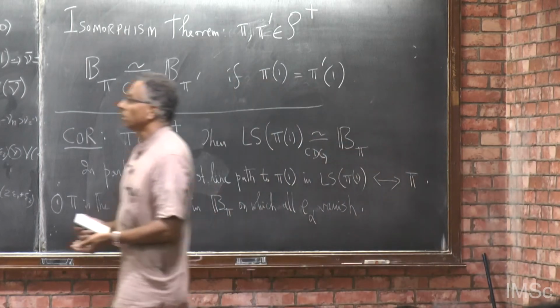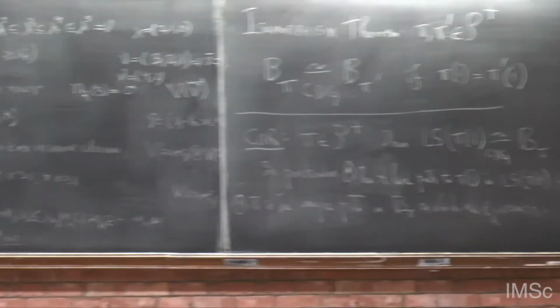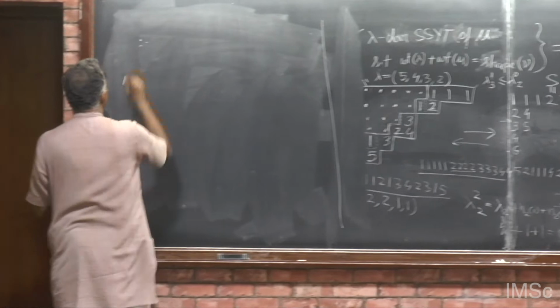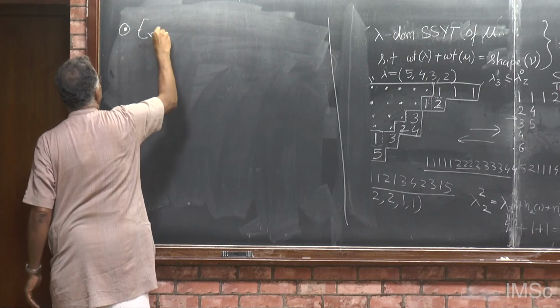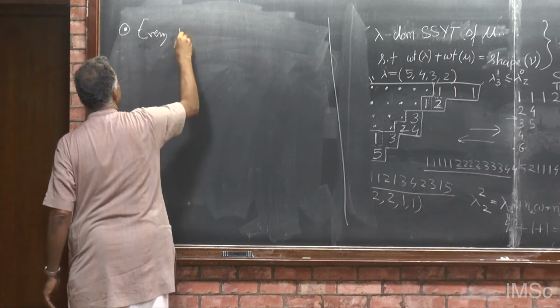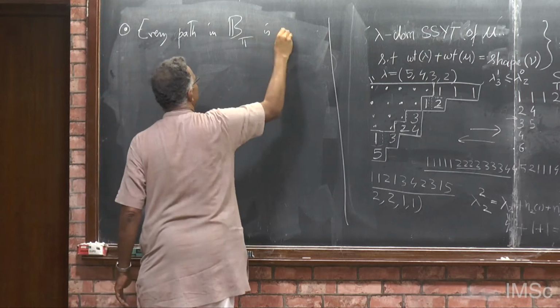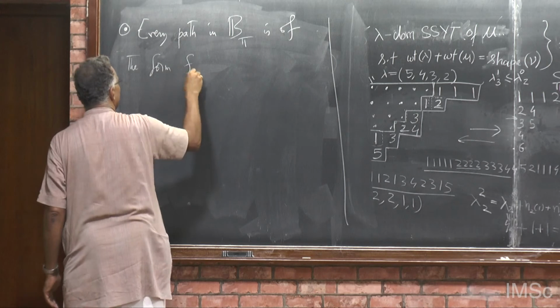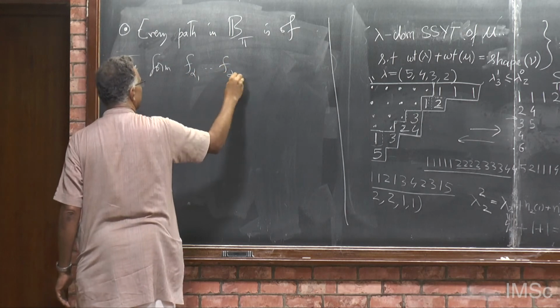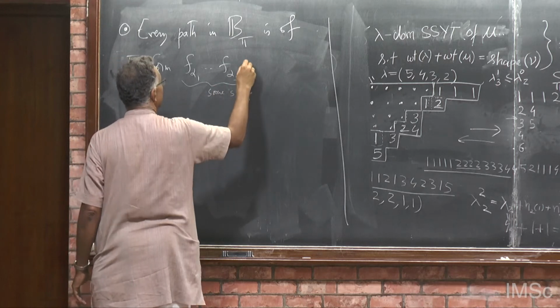Okay, every element, every path in B pi is of the form f alpha 1, ..., f alpha s, some string applied to pi.